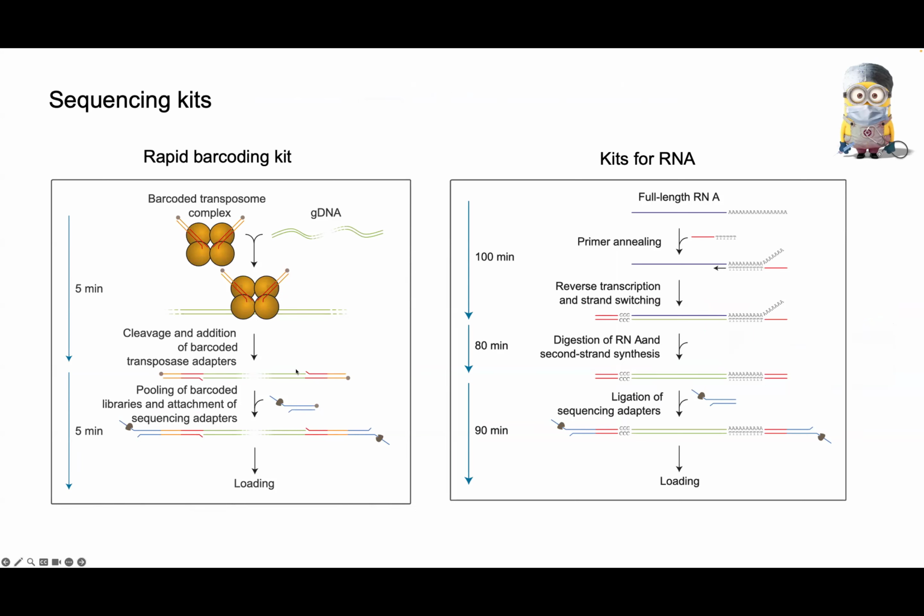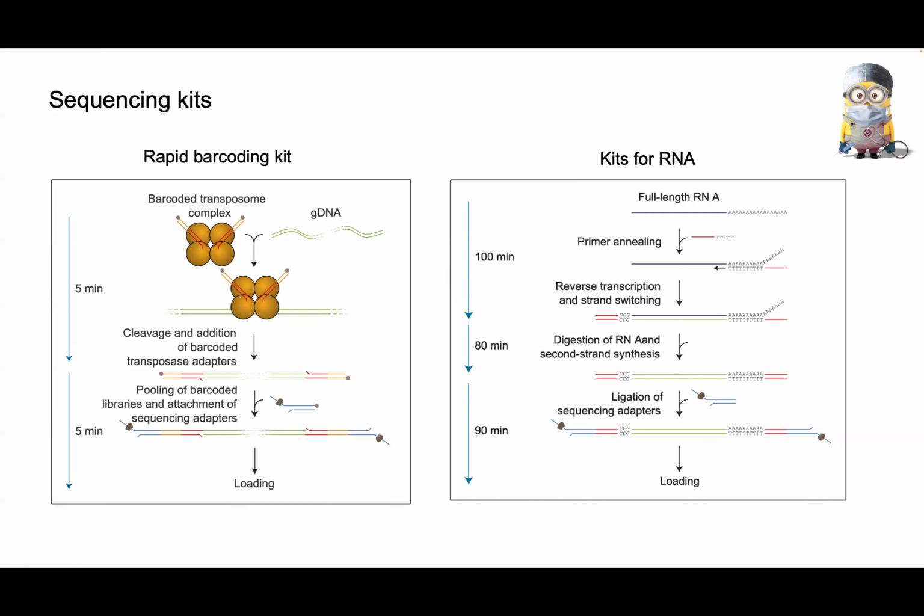The best thing about this kit is that you can add to each of your samples a barcode transposome complex, which leads to the marking of each sample. Each sample gets a specific barcode, which is then tagged to the end of your DNA. The good thing here is that if you have, for example, 50 samples, you can add this barcode to each sample.